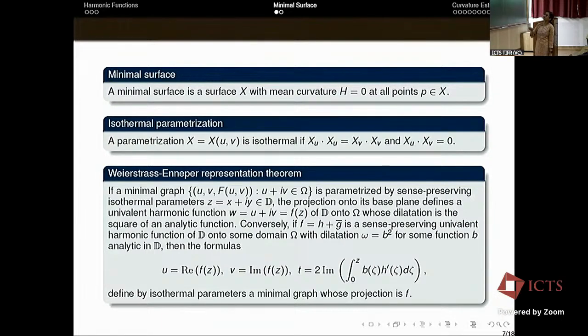It says that if a minimal graph is parametrized by isothermal parametrization, then its projection is a univalent harmonic mapping whose dilatation is the square of an analytic function. Conversely, if we have a sense preserving univalent harmonic mapping f whose dilatation is the square of an analytic function b, then these three formulas will represent an isothermal parametrization of a minimal graph whose projection is again the harmonic function f.